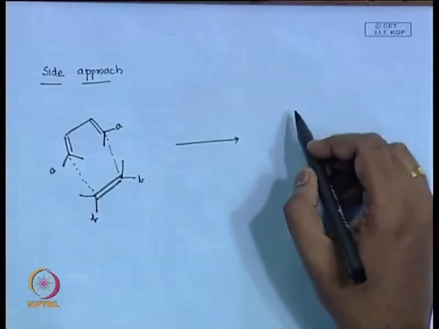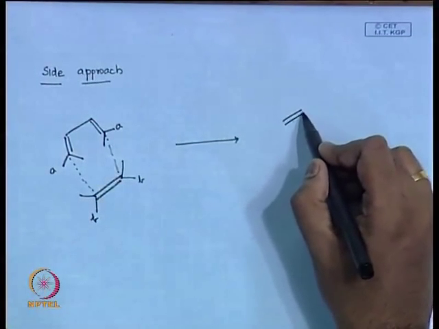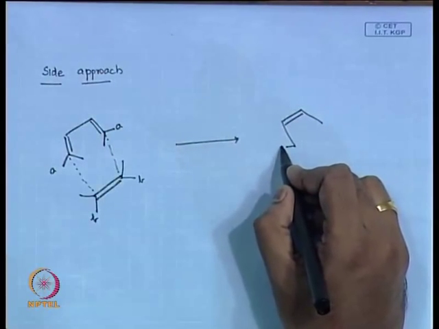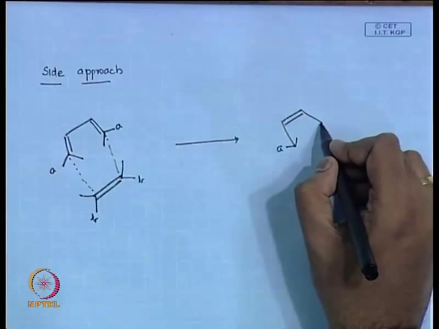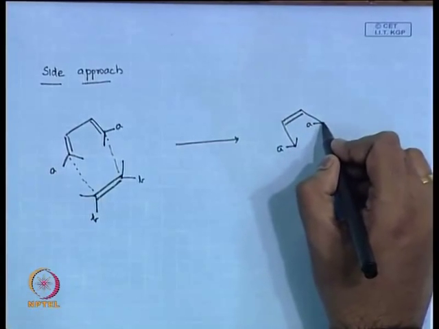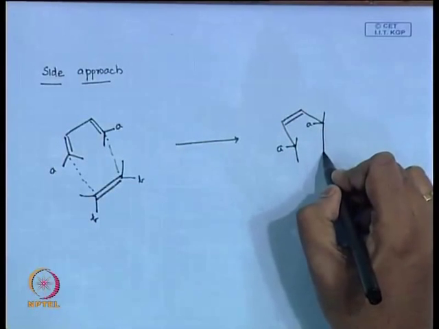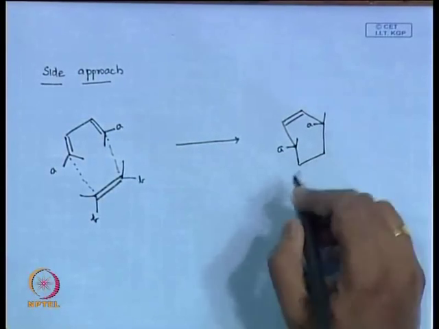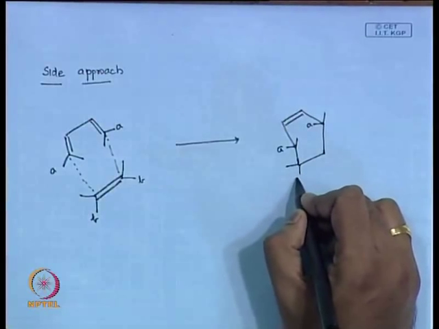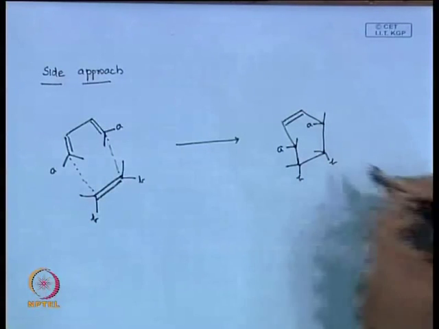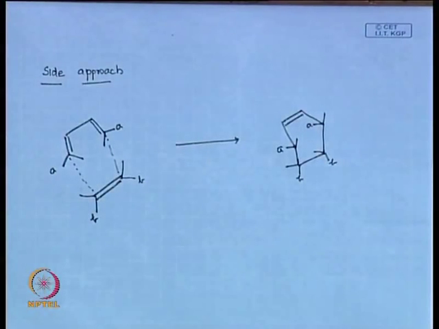So, now what happens is that you can draw like that. Your A will be outside and your B will be here. In this case, your A will be here and B, and then you can have your B. This way also you can look at this.